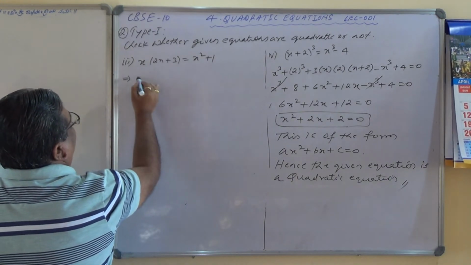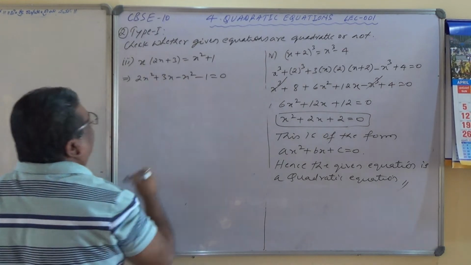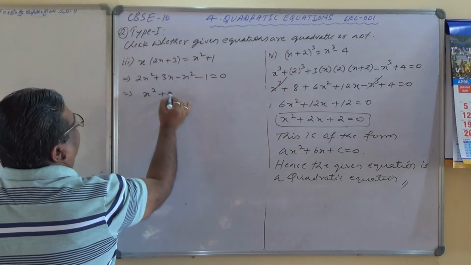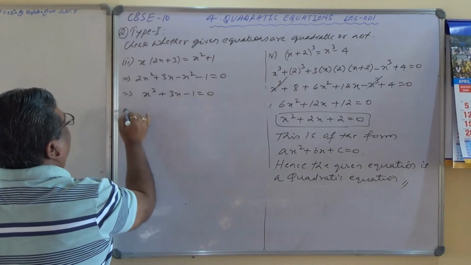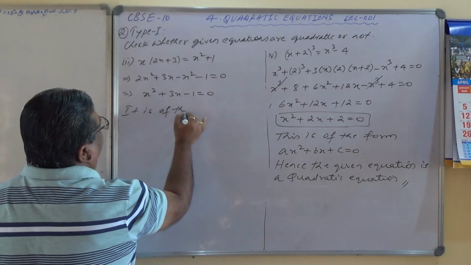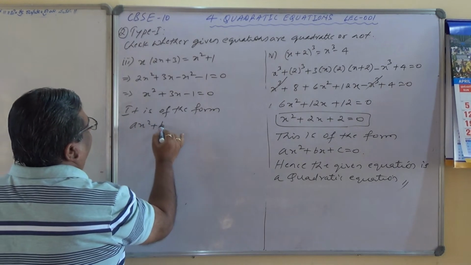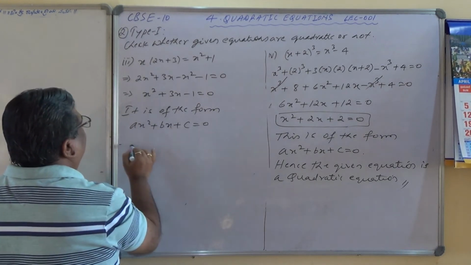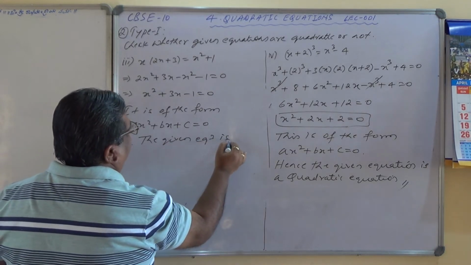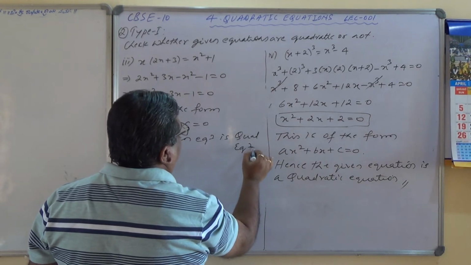Implies x into 2x plus 3x minus x square minus 1 equals 0. So 2x square minus x square plus 3x minus 1 equals 0. It is of the form ax square plus bx plus c equals 0. Therefore the given equation is a quadratic equation.